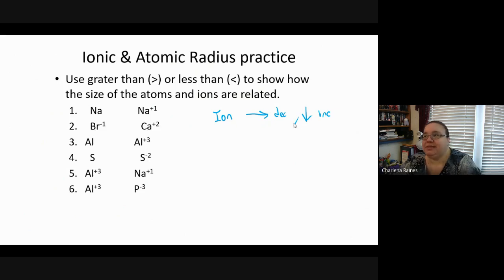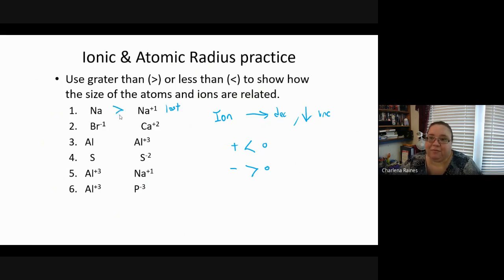But if we're comparing the same element, my cations are always smaller than the neutral element. My anions are always larger than that neutral element. So I'm just using 0 to represent any non-ion element. So if I look at Na+1, we have lost an electron, therefore it's smaller.